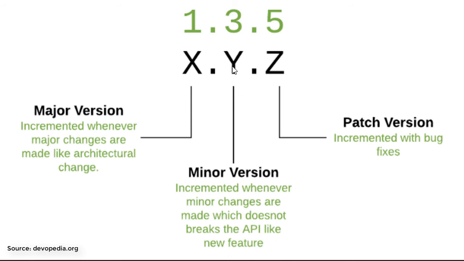The minor version indicates a minor change, or let's say a new feature added, but it does not potentially break your API. The last is the patch version, which is incremented every time a bug fix is added to your existing version. I hope you found this short video helpful to understand semantic versioning.